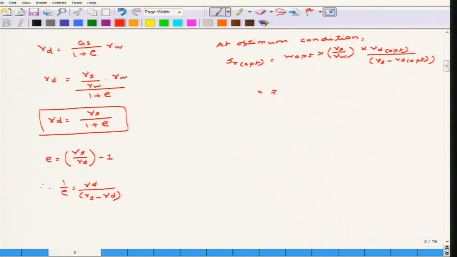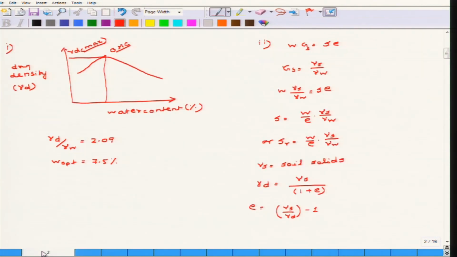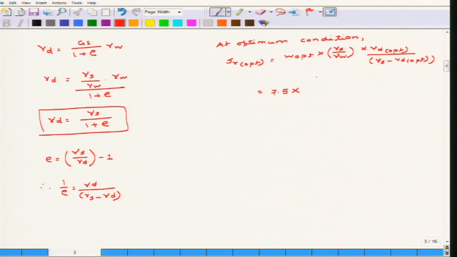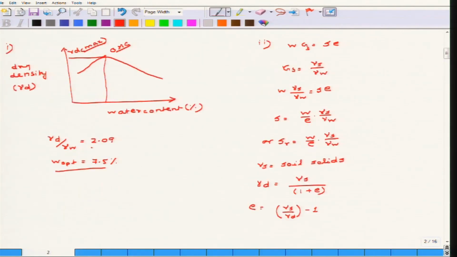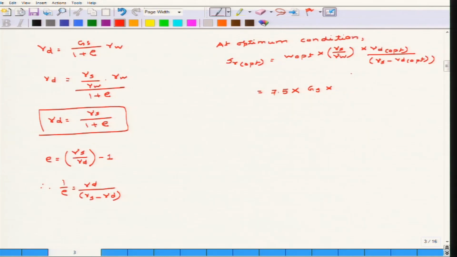Now if you put all the values, W optimum is 7.5%, as we have already seen, into gamma S by gamma W, which is nothing but the specific gravity of soil solids, 2.65, into gamma D optimum, which we have found out to be 2.09, divided by 2.65 minus 2.09.